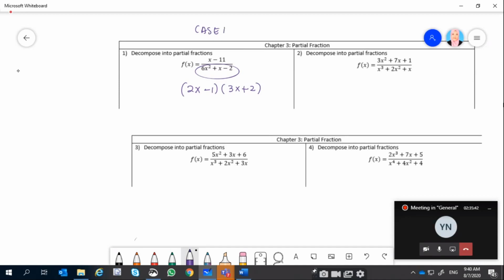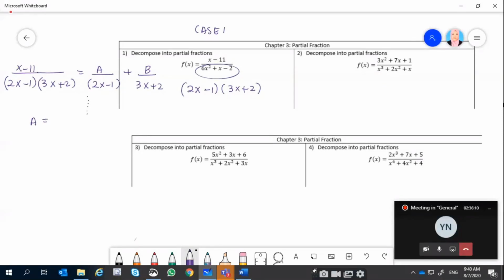So when you express it as x minus 11 divided by 2x minus 1 and 3x plus 2, it equals A over 2x minus 1 plus B over 3x plus 2. Then you can find the constants.